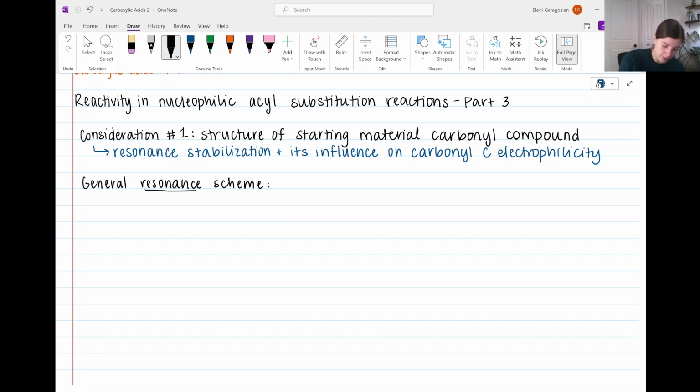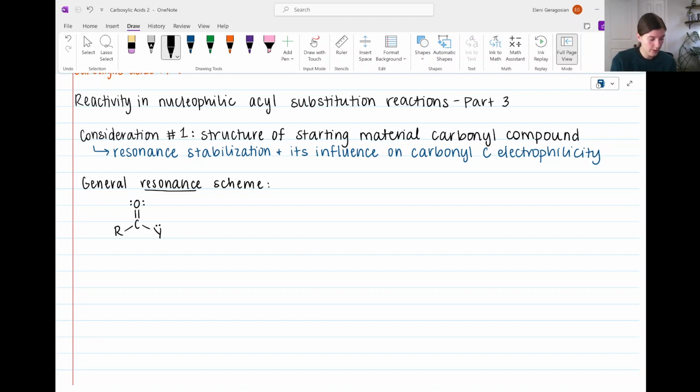So if we think about our general starting material, we'll still use that Y. Now, for all of our Y groups, they have at least one pair of electrons. They all have at least one pair. And so we'll draw the pair of electrons on Y. We have two pairs of electrons on the carbonyl oxygen.